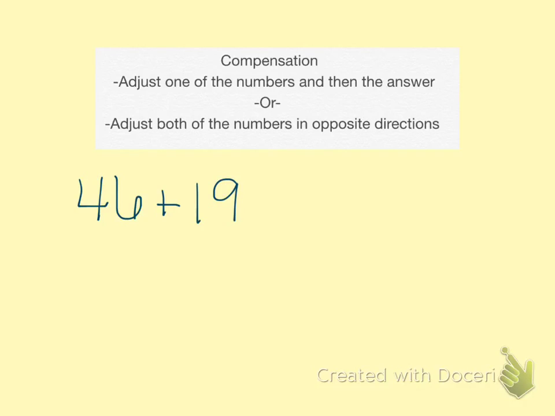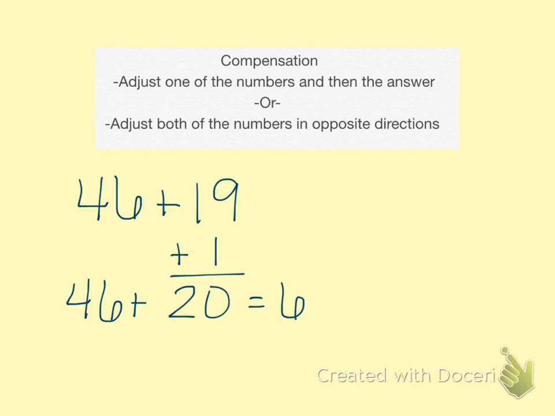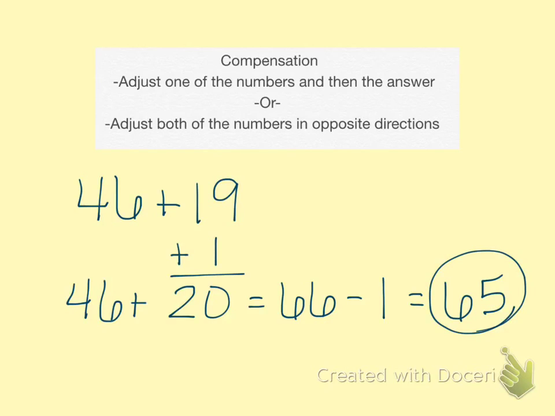In this example, students can adjust the 19 by adding 1 to give you 46 plus 20, adding up to 66. To compensate, you would subtract 1 to get 65 as your final sum.